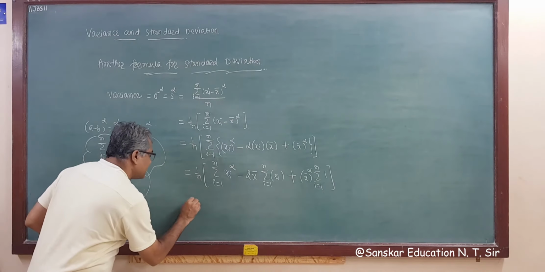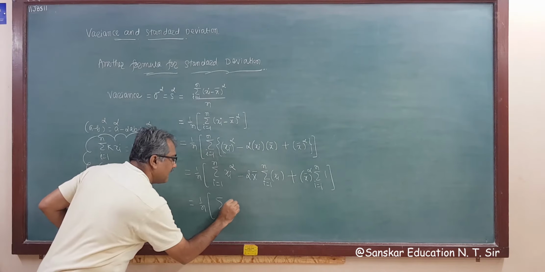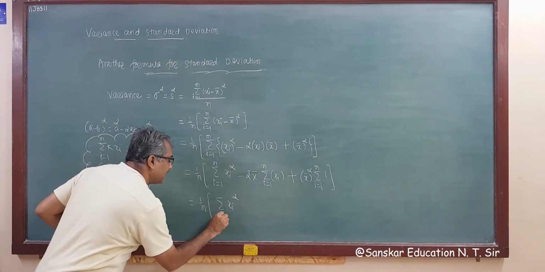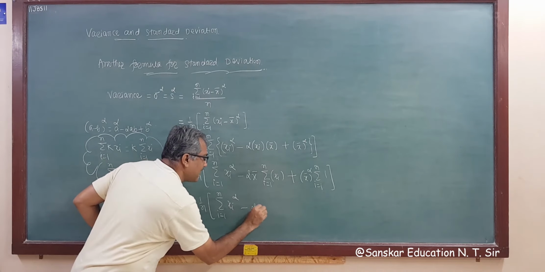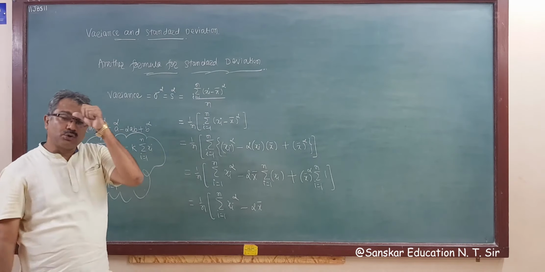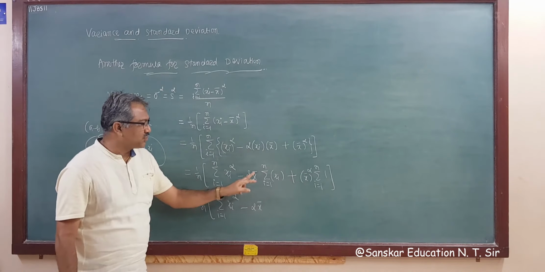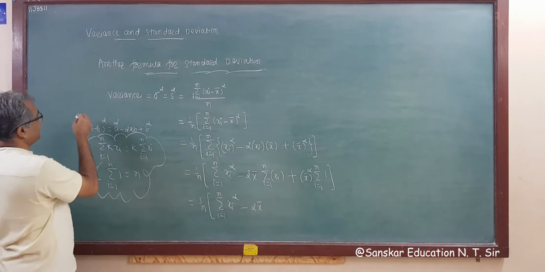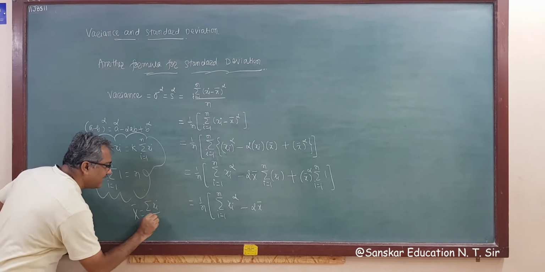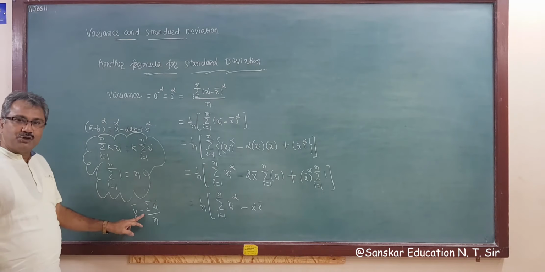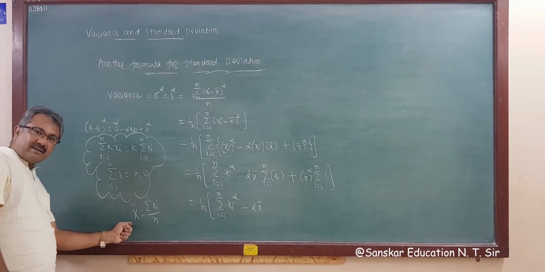Now this is 1 upon n sigma xi square, i running from 1 to n, minus 2 times x bar, and you have a formula for x bar also. What is the formula for x bar? That is x bar is equal to sigma xi upon n, here also i running from 1 to n. So what is sigma xi? Sigma xi is n into x bar, right?